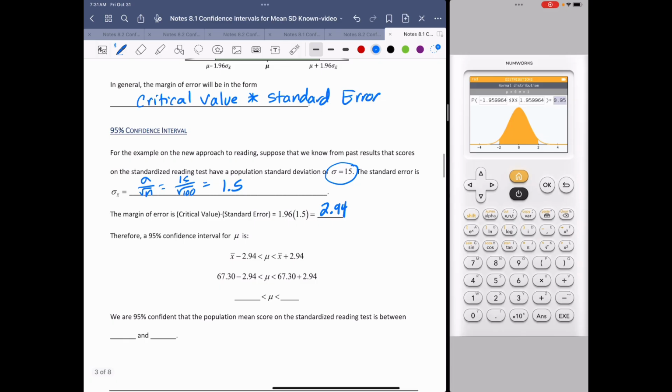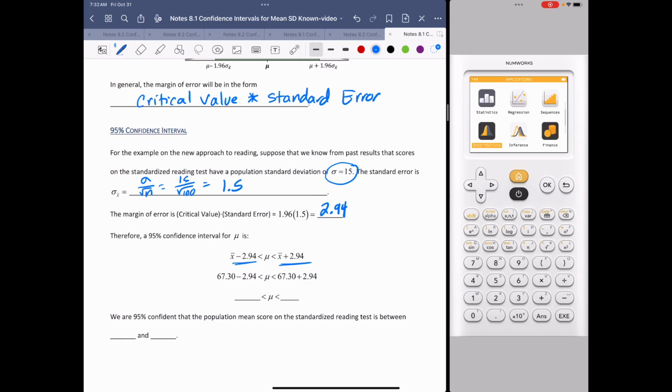And what Alex does is it makes the confidence interval like this. It says, okay, let's do x bar minus 2.94 is less than mu is less than x bar plus 2.94. Then it puts the x bars in. Go to your calculator and just do that arithmetic. I've got 67.30 minus 2.94.